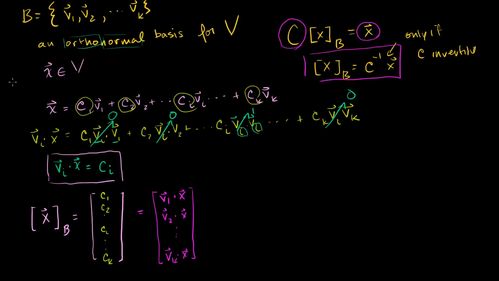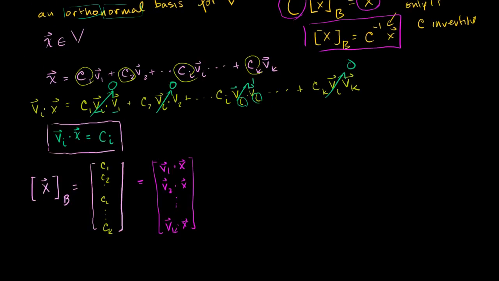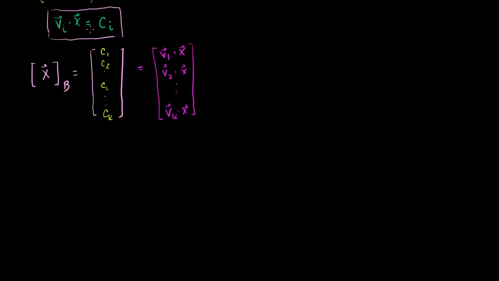So let's do a concrete example. Let's say I want to leave this result up here. Let's say that I have two vectors. Let's say that v1 is the vector 3 over 5 and 4 over 5.